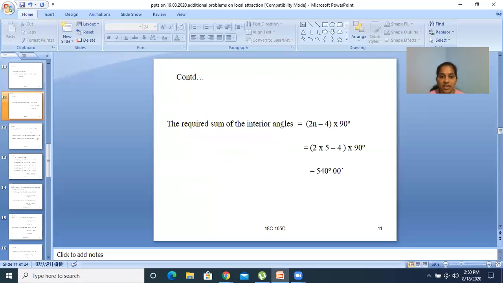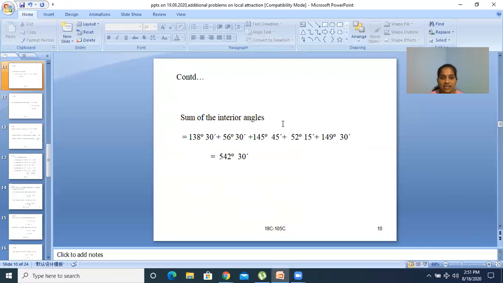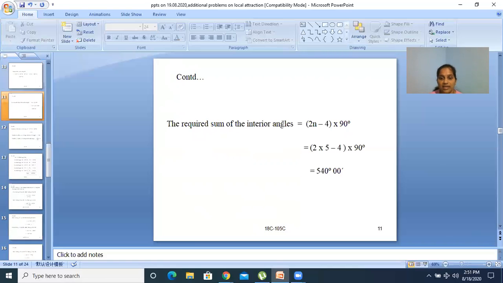What is our check? The required sum of the interior angles must be equal to (2n minus 4) into 90 degrees, where n is the number of sides or traverse legs. Here n is 5. So (2 into 5 minus 4) into 90, that is 540. But our sum of all the interior angles is 542 degrees 30 minutes. So there is a difference, and our check is not okay.